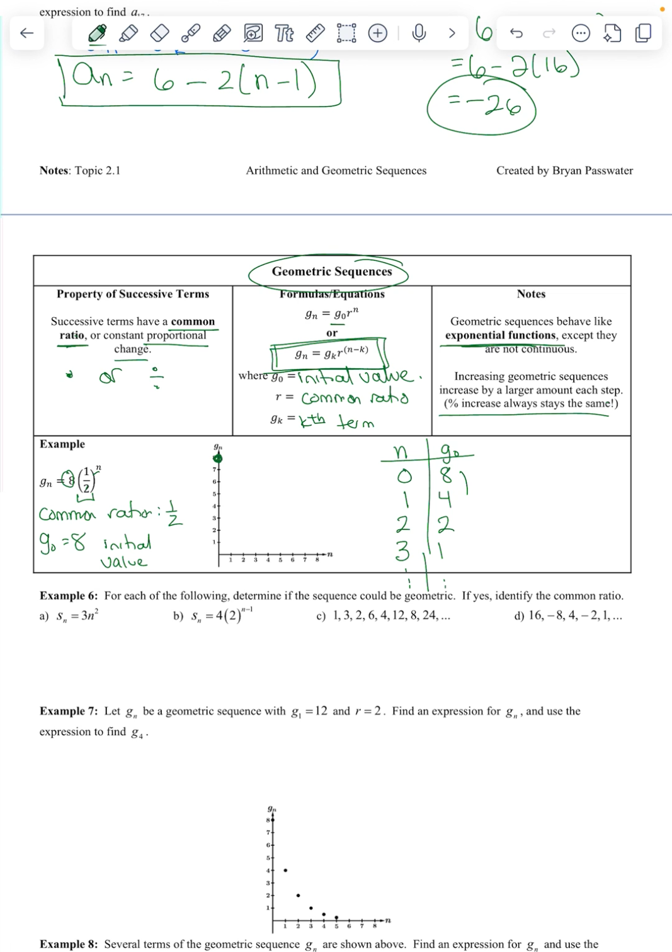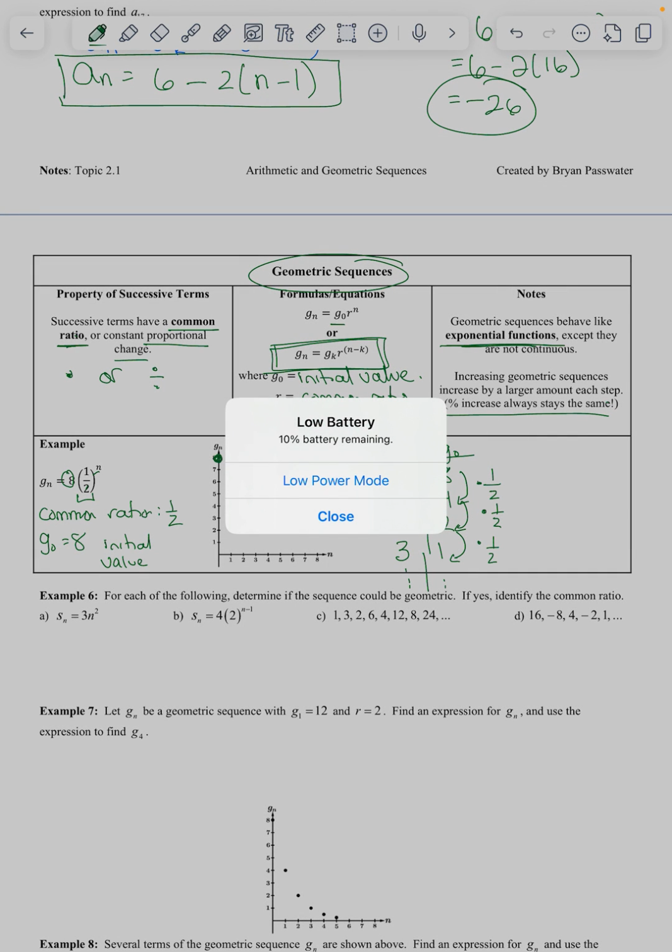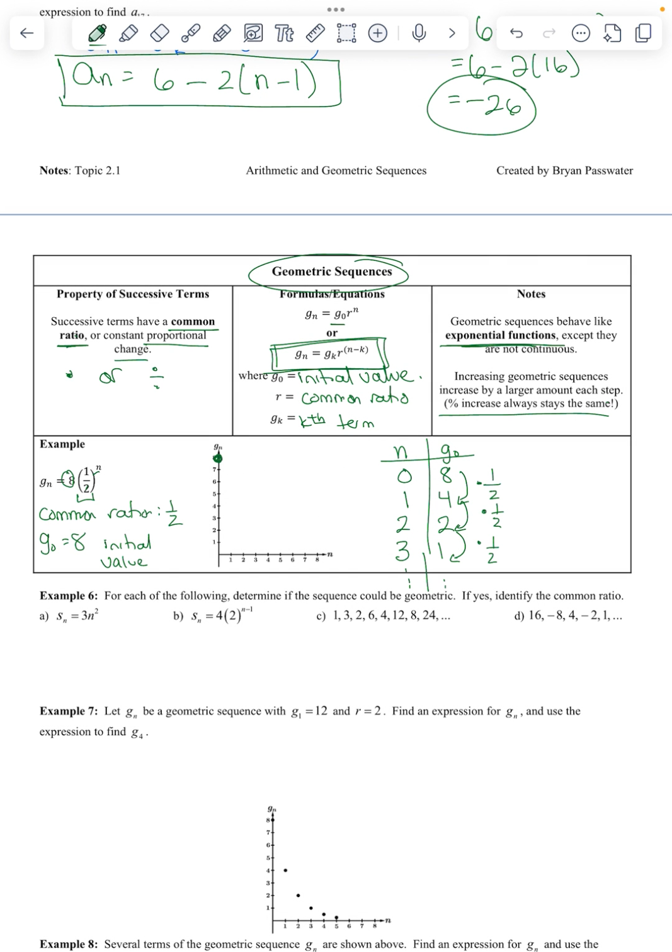What you notice is that each number is being multiplied by a half, or divided by 2, which is the same thing. But the common ratio is a multiplication factor, not a division number. I'll let you fill in this part of the graph based on these values, and you'll notice that it looks exponential, right?